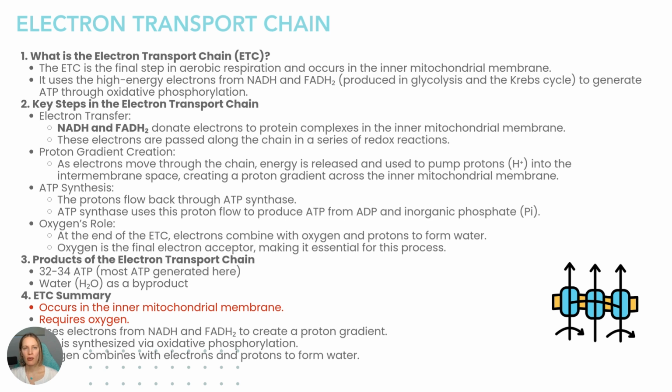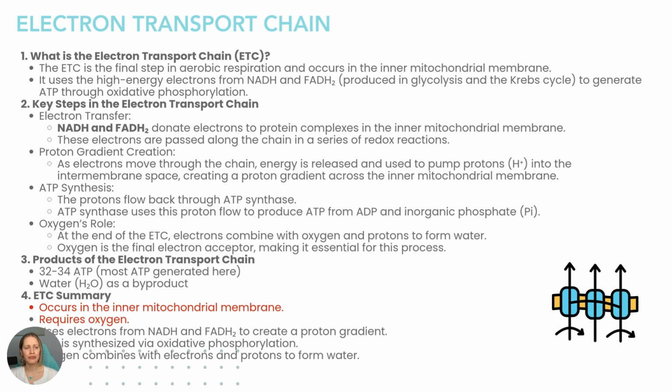You have a proton gradient creation. This is when the electrons move through the chain using more energy and are used to pump protons into the intermembrane space, creating a proton gradient across the mitochondrial membrane, allowing things to pass through.